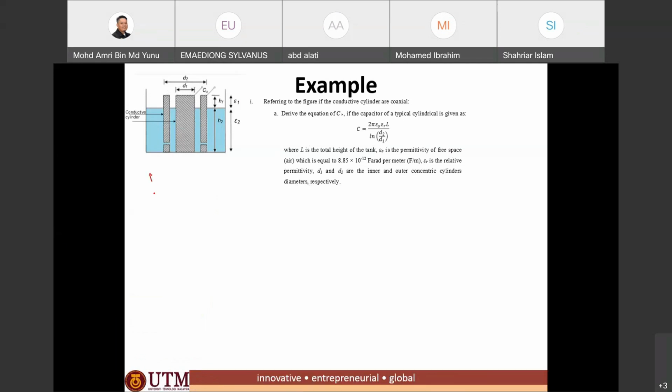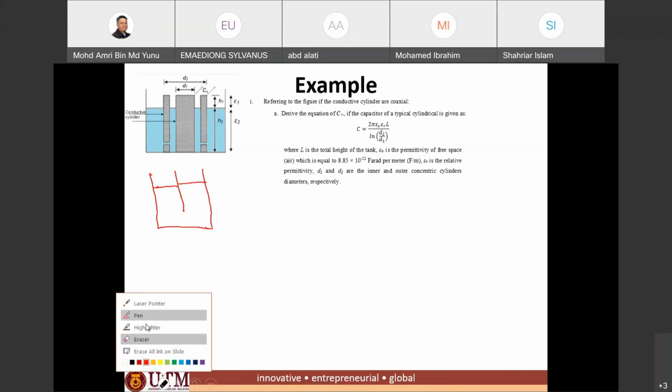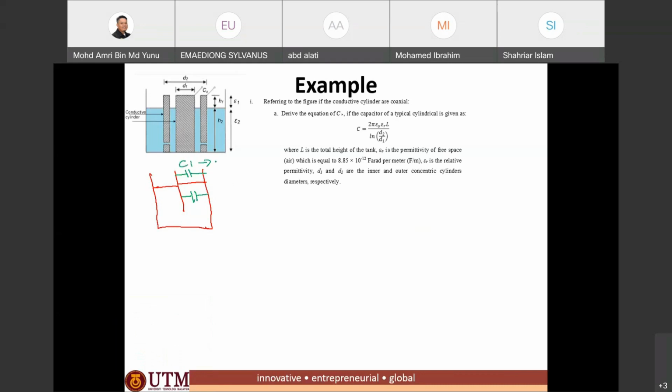First we need to understand that the total capacitance is contributed by the capacitance from C1, which is from the air, epsilon 1, and C2 from epsilon 2, the liquid.